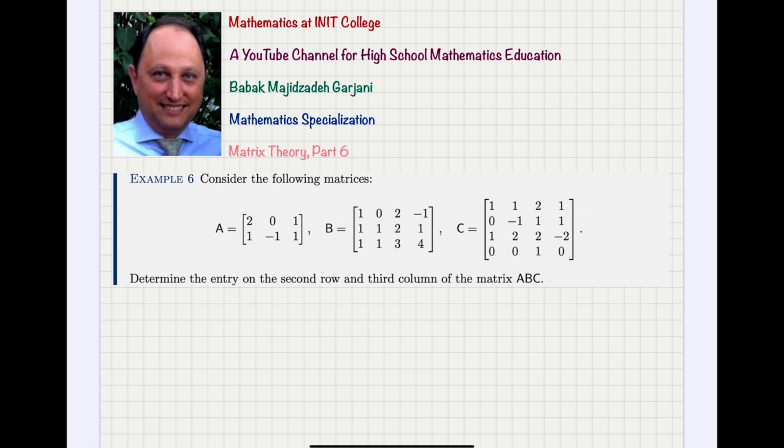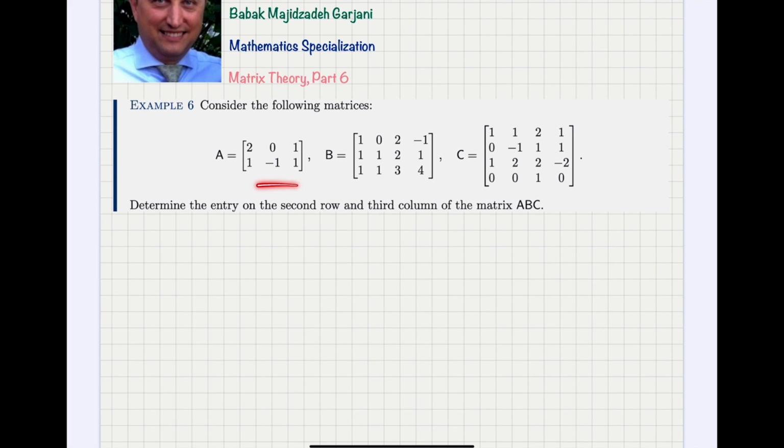Now the next question, I have intentionally given you a little bit big matrices, and determine the entry on the second row and the third column of this product. Of course this is tedious. You can start multiplying them by any grouping that you like, and then just read the entry on the second row and the third column.